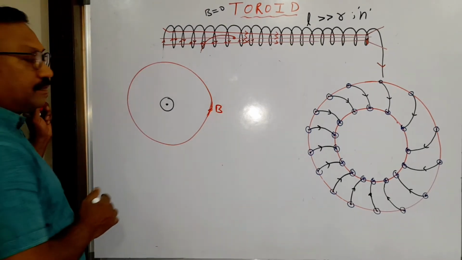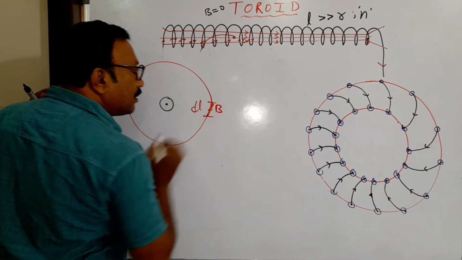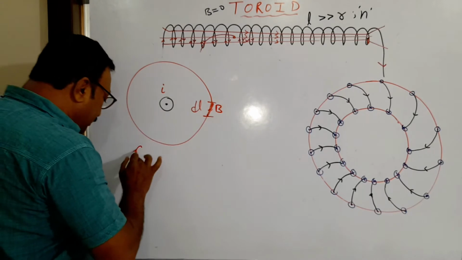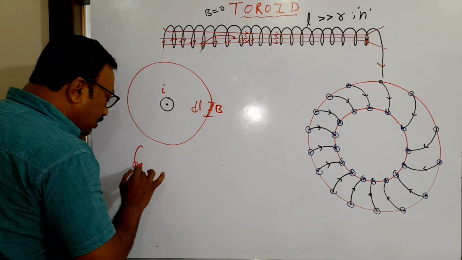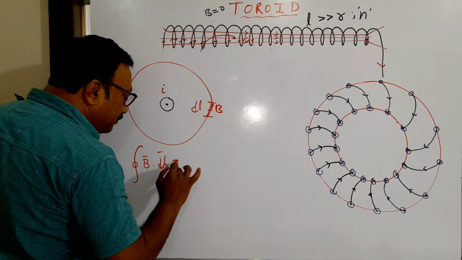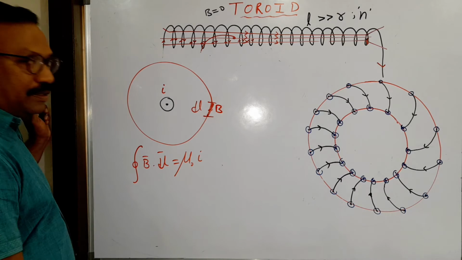Take an element dl here. Let this current be I. Then I write the closed integral of B dot dl is equal to mu naught times the current inside.